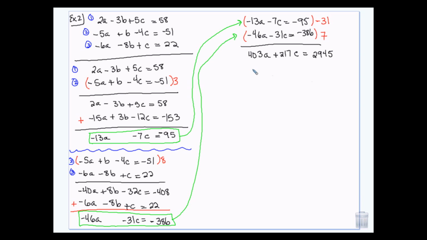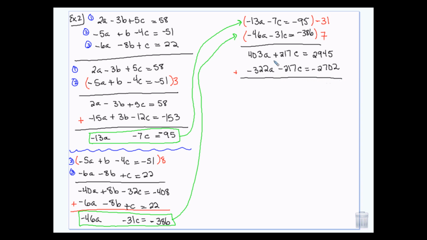And then for my next equation, I have negative 322a minus 217c is equal to negative 2,702. Aren't those pretty?